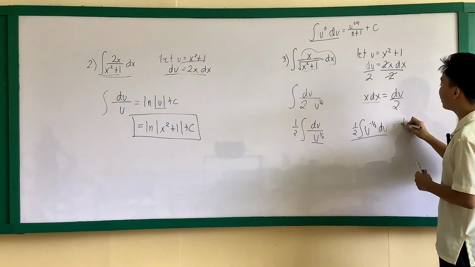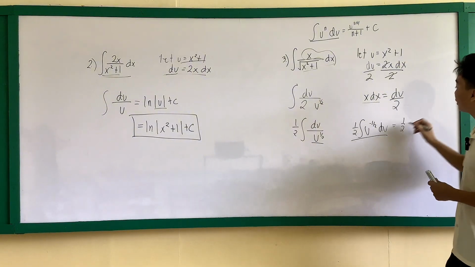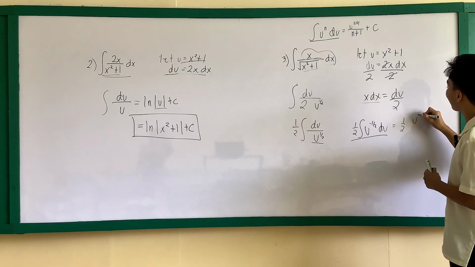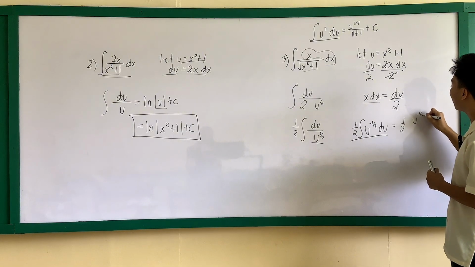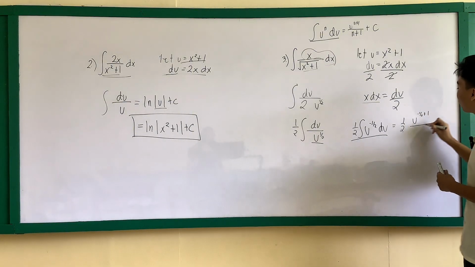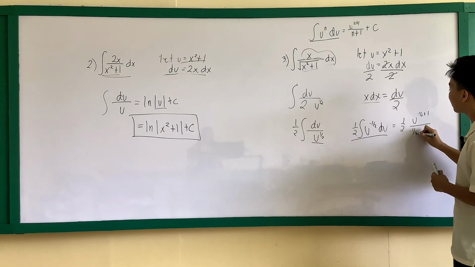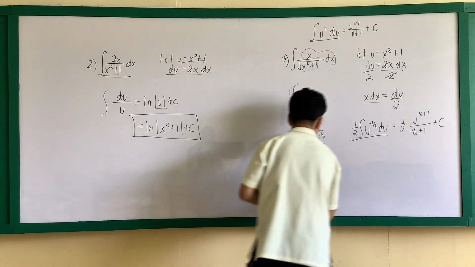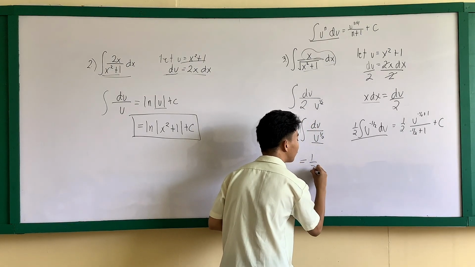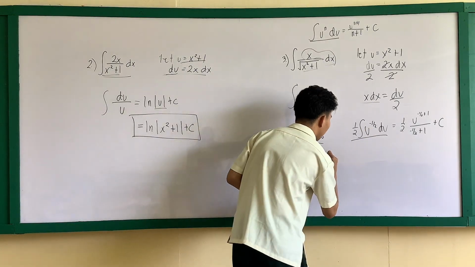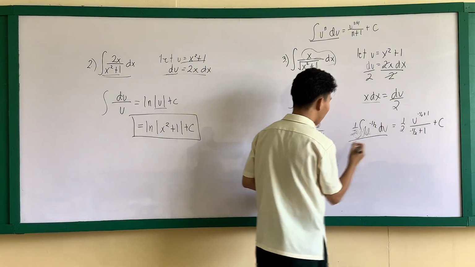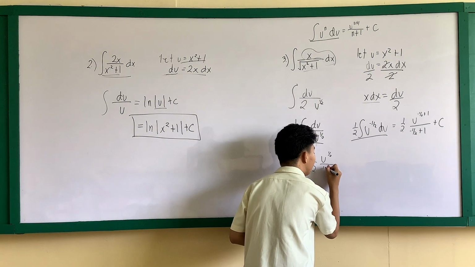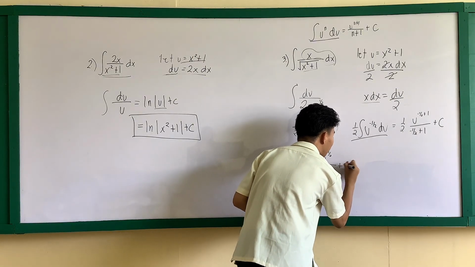So 1 over 2 times u raised to the power of negative 1 half plus 1 over negative 1 half plus 1 plus c. Negative 1 half plus 1 is 1 half.